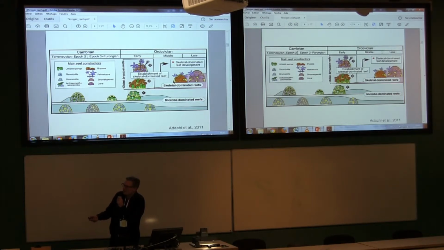Then in the early Ordovician something happens. We have a few reefs with bryozoans and with echinoderms, but during the middle Ordovician there was really a big event, and after the middle Ordovician we have really diverse and in many places metazoan reefs, which are dominated by metazoans like bryozoans, stromatoporoids, and corals, which are the most important. And that's the topic of my talk.